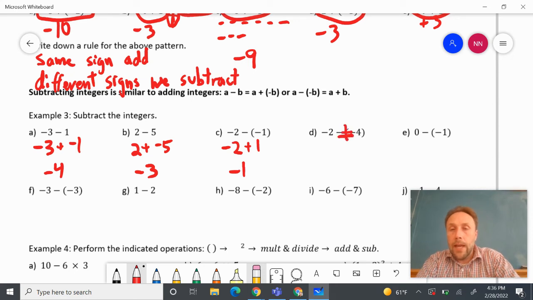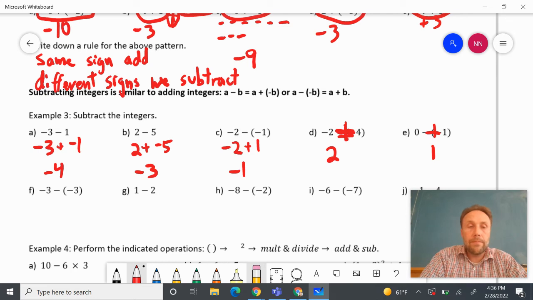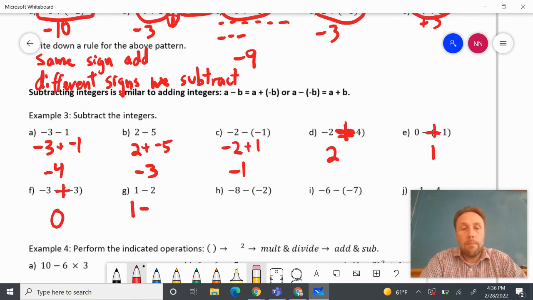Negative negative gives me a positive. Some students just like to put a plus sign when they see the two lines. And so we have different signs. We're going to subtract. And if we subtract a negative, it becomes a positive. So that would be a positive 1. If we're looking at the next ones, negative negative is a positive. So that would be 0. 1 minus 2, that would be 1 plus a negative 2.